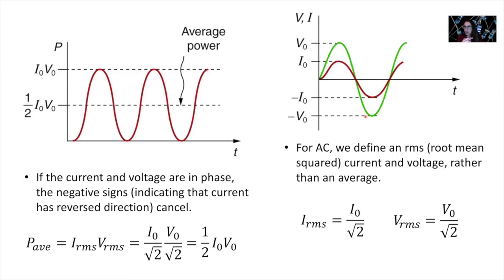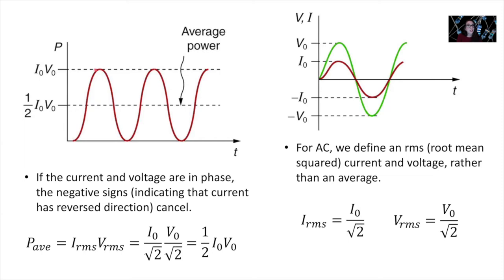And actually, whenever you're finding power for this signal for current and potential, that power is going to be a positive value, because a negative times a negative gives us a positive. So over here would be the power graph that we would get from this same curve for our current and potential.